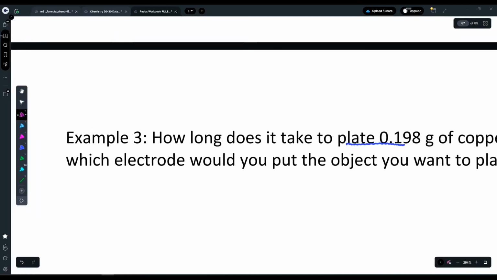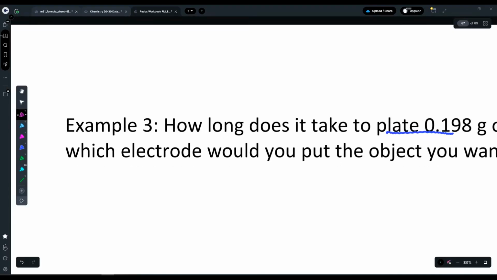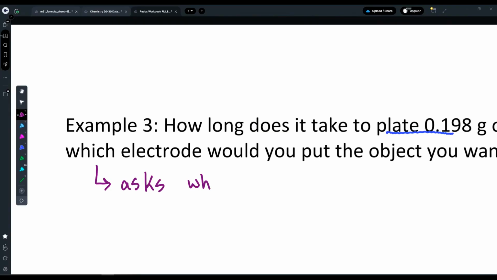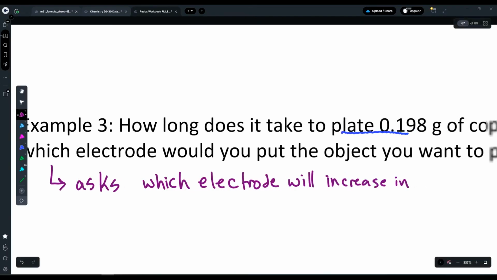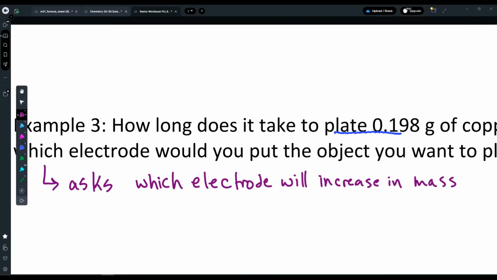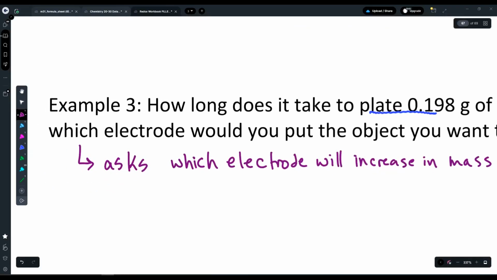This question is just asking us which electrode will increase in mass. So for our mnemonic device, red cat gets fat.